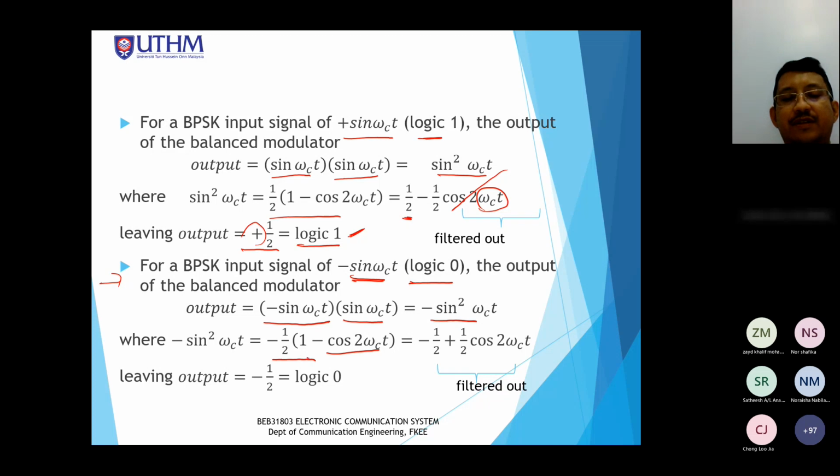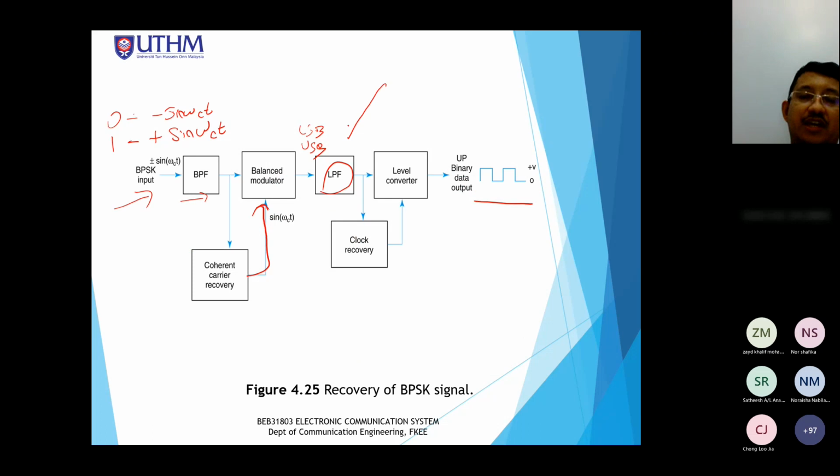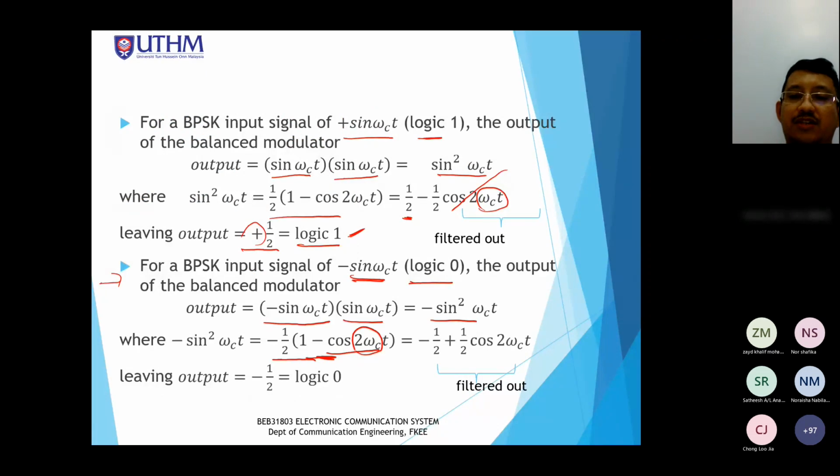This is the signal that we produce right after the balance modulator. You see that we have a high frequency component, 2 omega ct. We want to remove it using the low pass filter. The high frequency component is removed by the low pass filter, leaving minus 1/2.